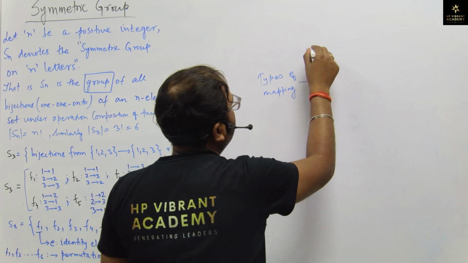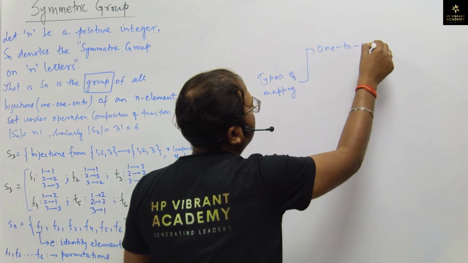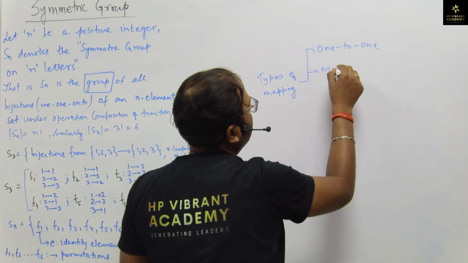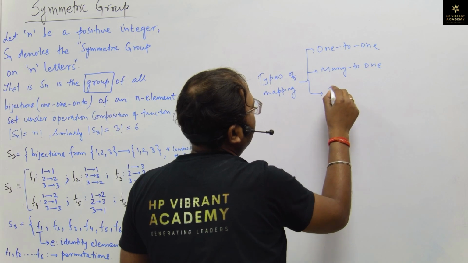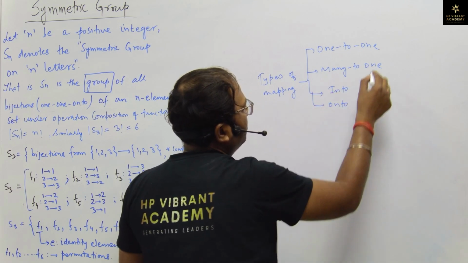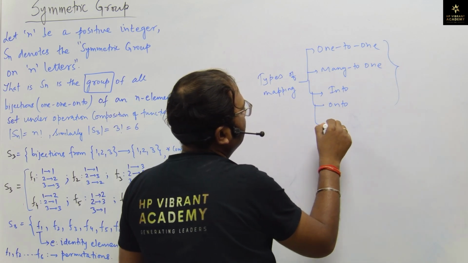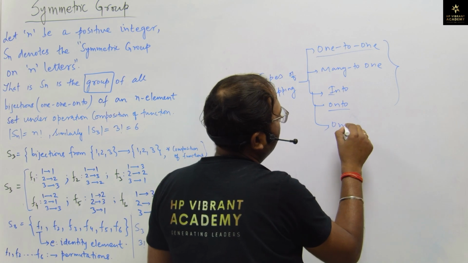The first one is 1 to 1. The second one is many to 1. The third one is into. The fourth one is onto mapping. And the combinations of these are, let us take 1 to 1 and onto, so this is 1 1 onto.